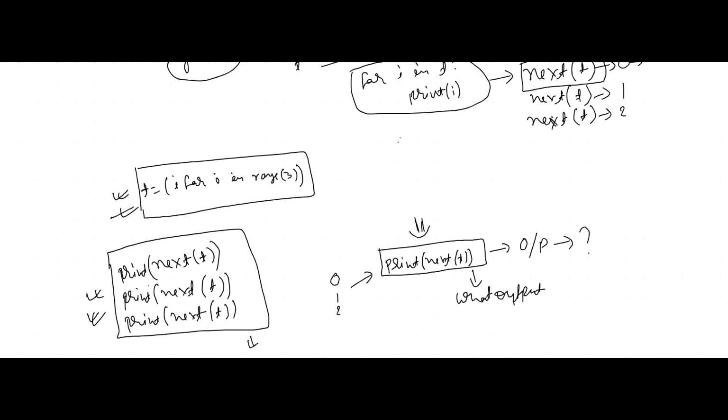It means that inside T there is now no value. Whatever values were there, you printed them and they got automatically deleted from T. For range 3, there were values 0, 1, and 2, and you used them and they got automatically deleted. So it optimized the memory.